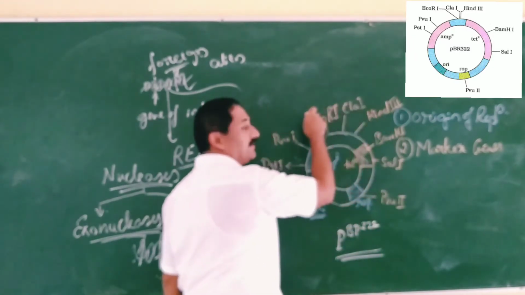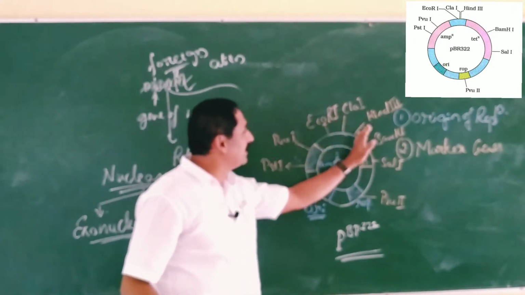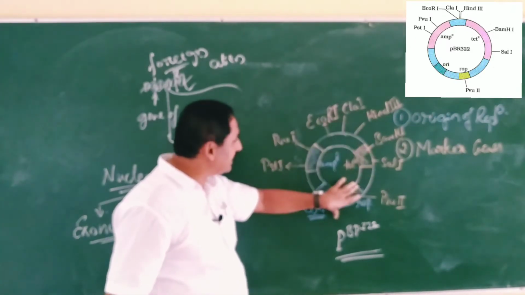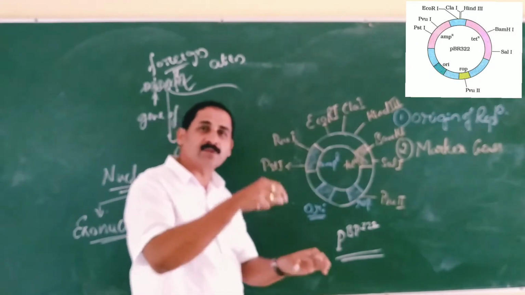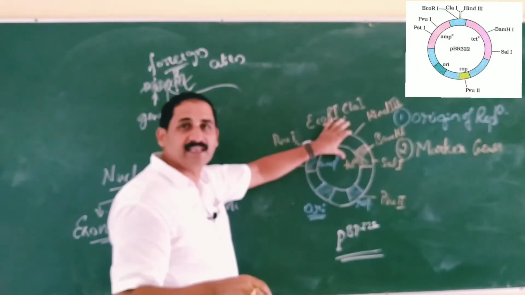These are all different RENs that cleave or cut the double-stranded DNA of the plasmid. This helps to insert a foreign gene or alien gene in the place so created.